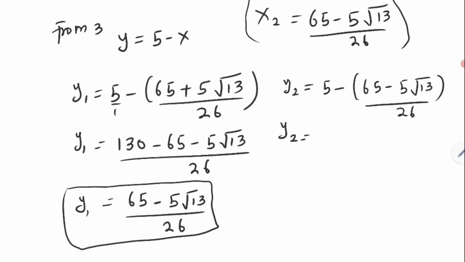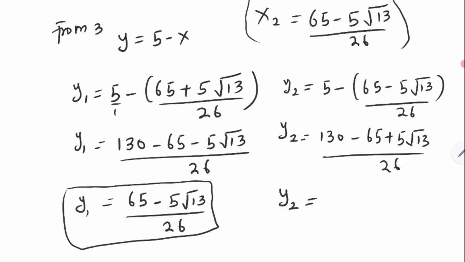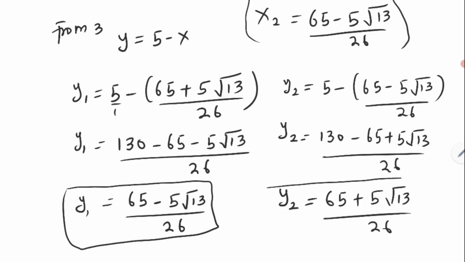Y2 is equal to 130 minus 65 plus 5 root 13 over 26. Y2 is equal to 65 plus 5 root 13 over 26. This is the value of y2.